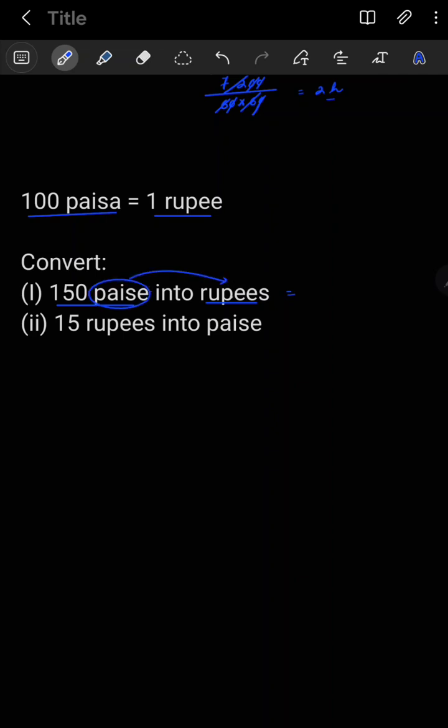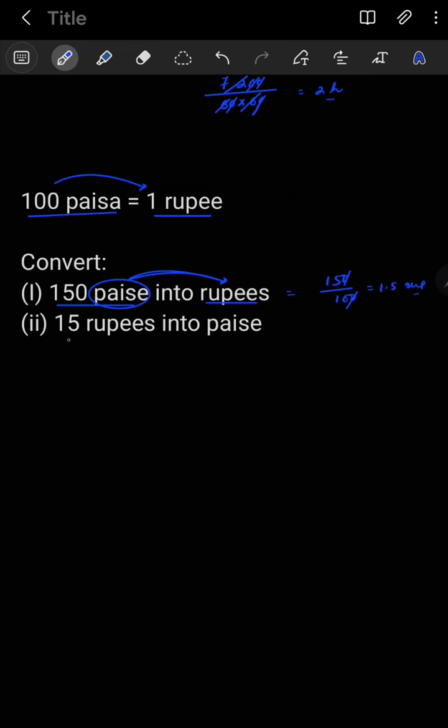So small to big unit, that means you have to divide. 150, now you have to divide with 100, because 100 paisa becomes 1 rupee. Now 0 and 0 cancel. Then if you divide, you will get 1.5 rupees. Understand? So if a small unit is converted into a big unit, you have to divide with 100, because 100 paisa is equal to 1 rupee.